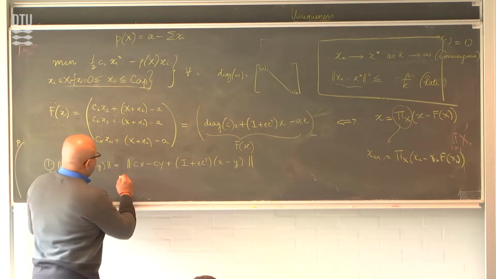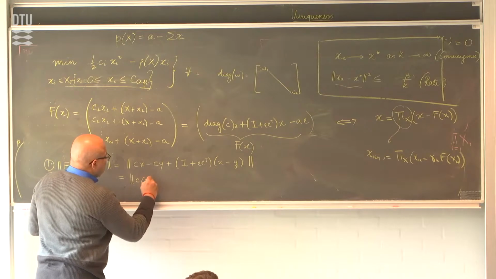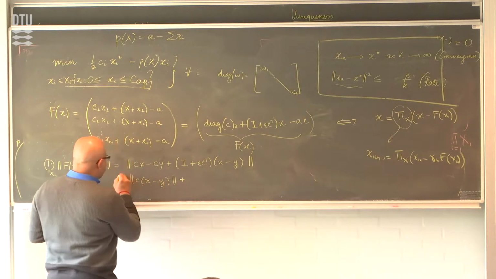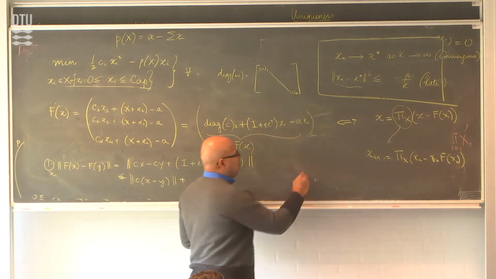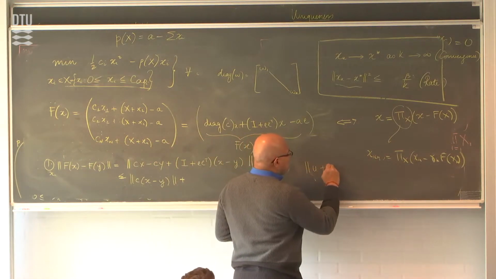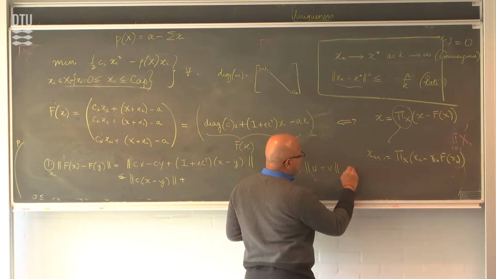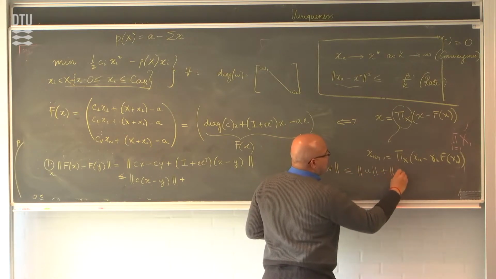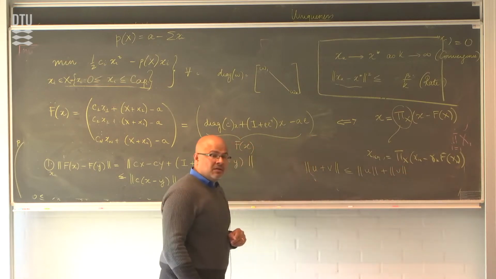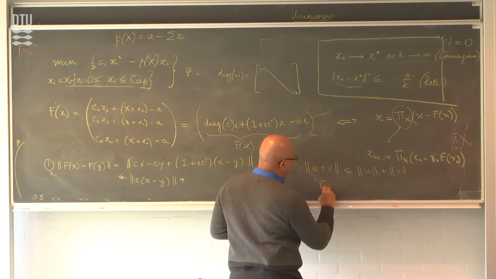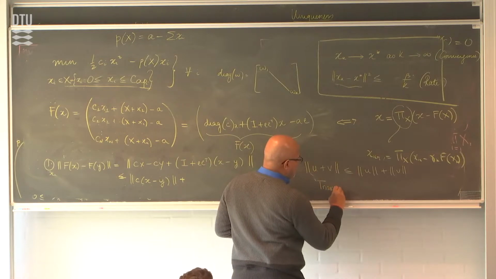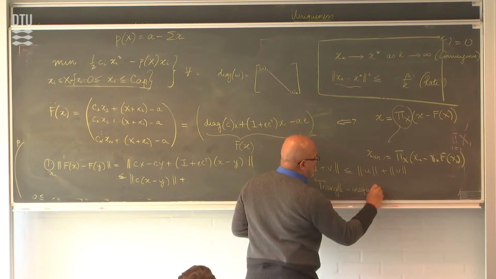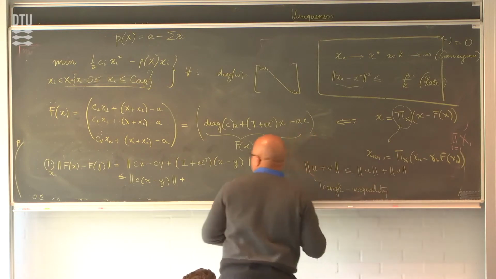So this is equal to C times x minus y plus... So now what you can do is, remember, the norm of u plus v is less than the norm of u plus the norm of v. This is the triangle inequality.